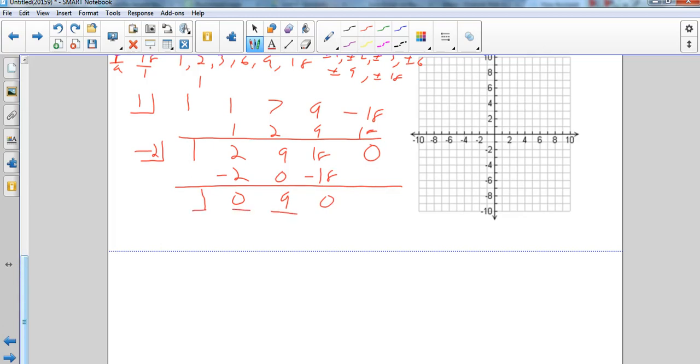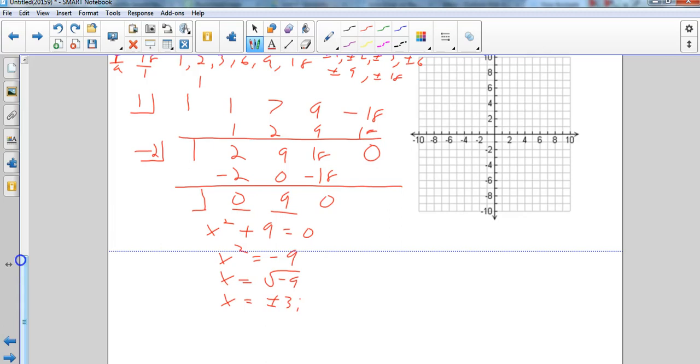And so this simplifies to x squared plus 9 equals 0. I can use the square root property. x squared equals negative 9. So x equals the square root of negative 9, which is plus or minus 3i.